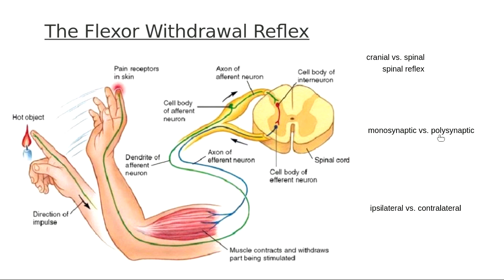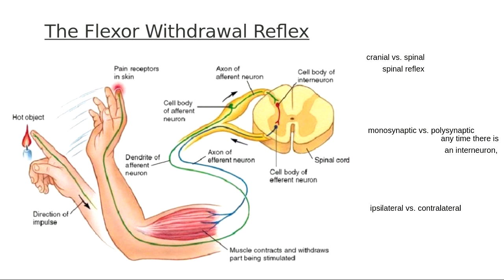So polysynaptic literally means that I have more than one place where my neurons meet. I saw a great comment in our chat here about polysynaptic. Anytime you see an interneuron, that is always polysynaptic. So that would be a good note for us to make for ourselves. Anytime there is an interneuron, it's polysynaptic.